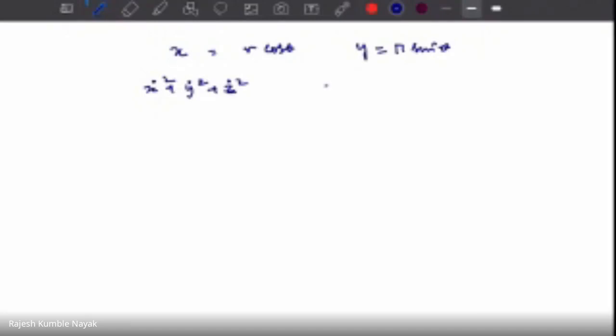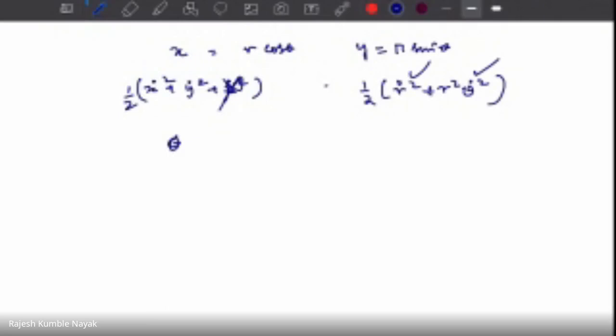In polar coordinates, forgetting the half and m, you would have half r dot square plus r square theta dot square, sticking to 2 dimensions. This is the transformation you have done, and it is all right because this is quadratic and that is quadratic, so no problem. Now in the polar coordinates itself, let's do a coordinate transformation, theta going to some theta prime plus omega t.